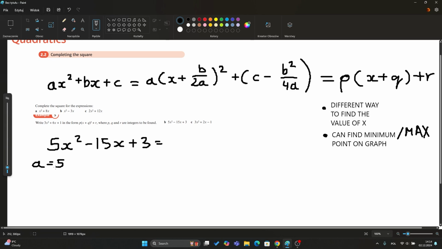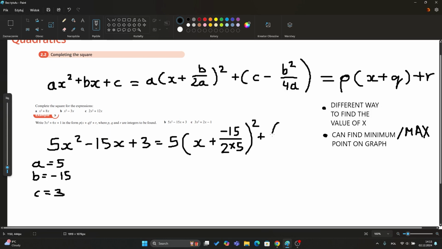So a equals 5, b equals minus 15, and c equals 3. So 5, bracket x plus b, which is minus 15, over 2 times a, which is 5, all squared, plus c, which is 3, minus b squared, which is minus 15 squared, all over 4 times a, which is 5.